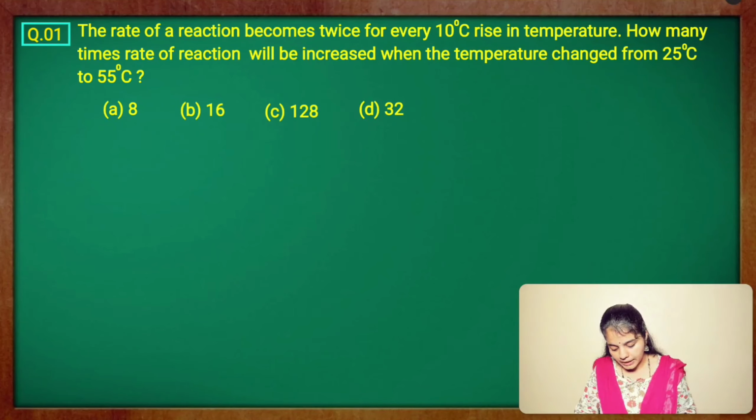Consider the question. The rate of a reaction becomes twice for every 10 degrees centigrade rise in temperature. How many times rate of reaction will be increased when the temperature is changed from 25 degrees centigrade to 55 degrees centigrade? Go through the question again. Rate of reaction becomes twice for every 10 degree rise in temperature.